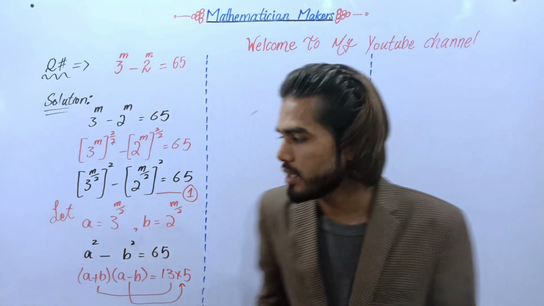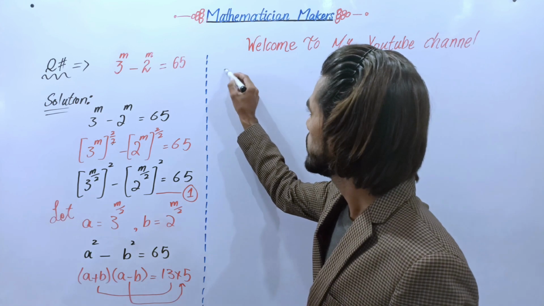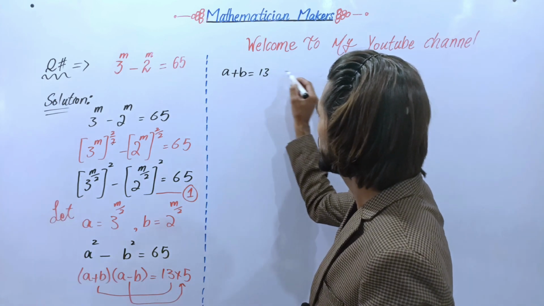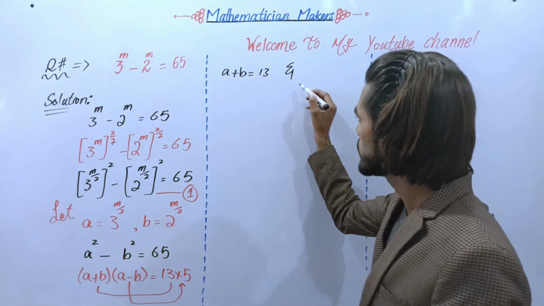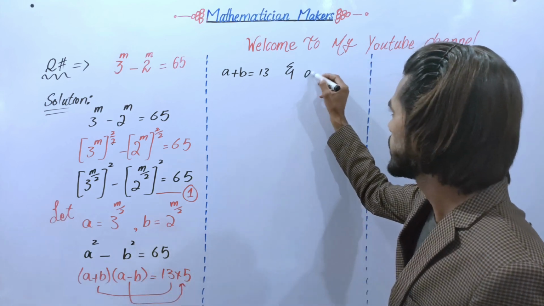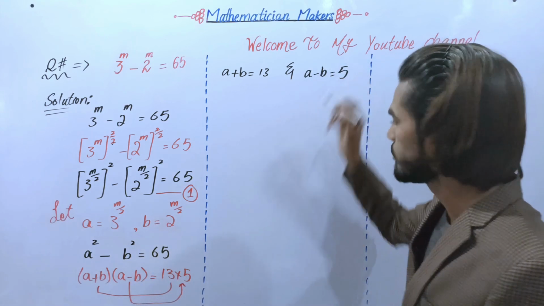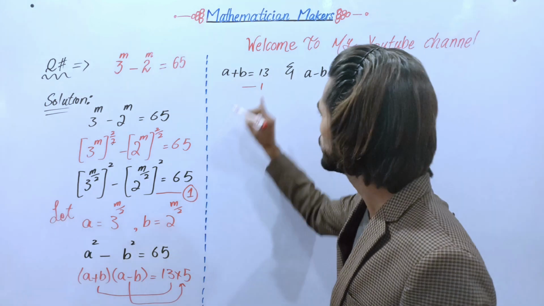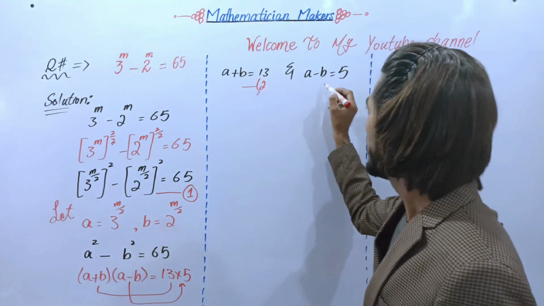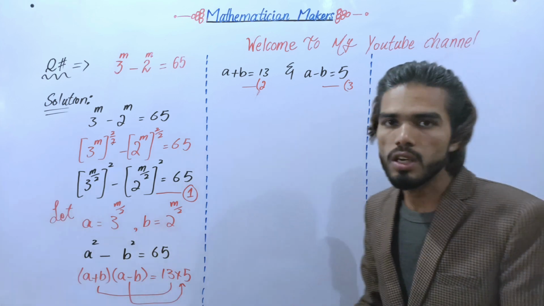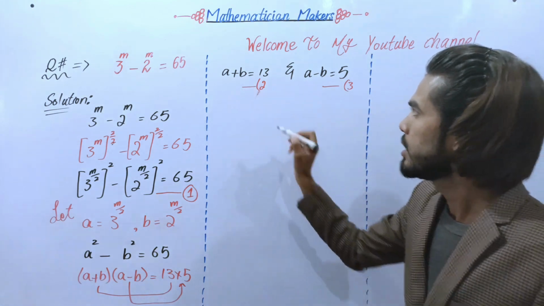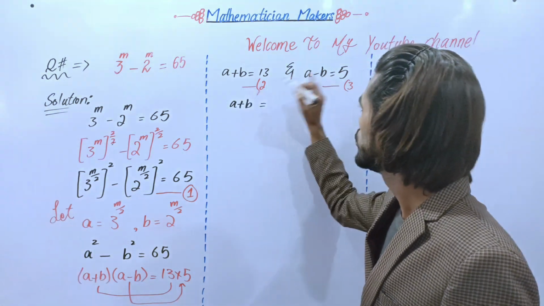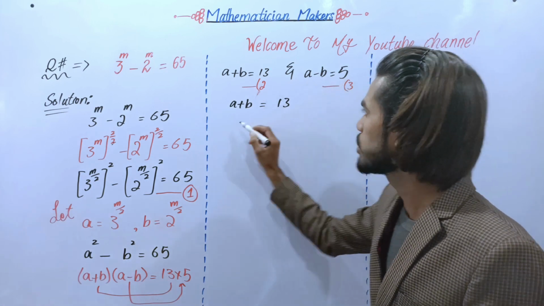So from these equations, a plus b is equal to 13, and a minus b is equal to 5.